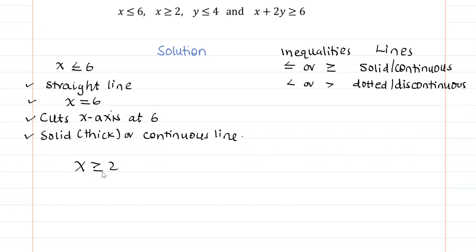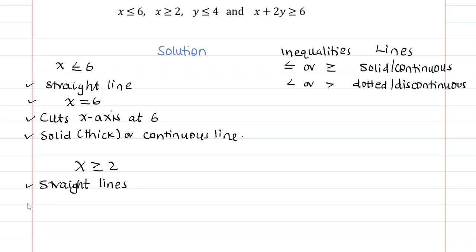Be patient here. We may take time, but it is very important that we have a basic understanding of this part. And for the next inequality, the first fact is that it is a straight line. Actually, all the inequalities that you'll be given will always be straight lines, unless otherwise.